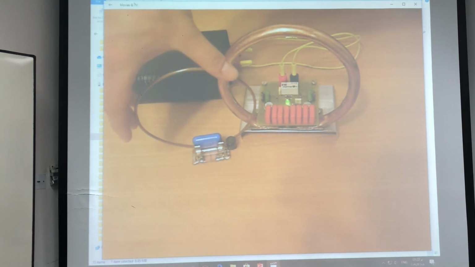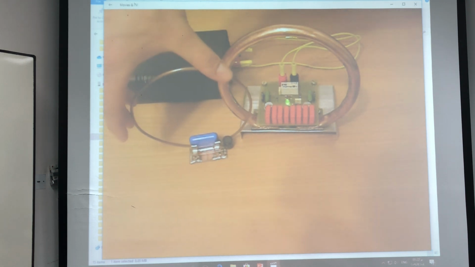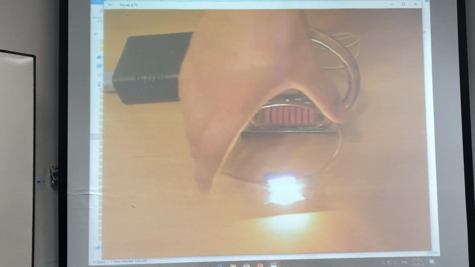We need a piece like this one. So now you understood the concept of magnetic coupling, so you can try ideas about it.